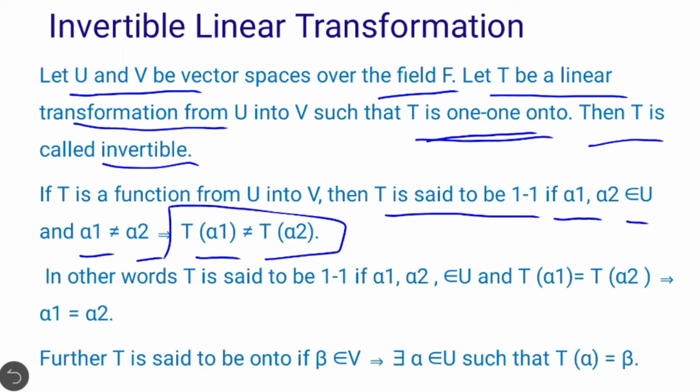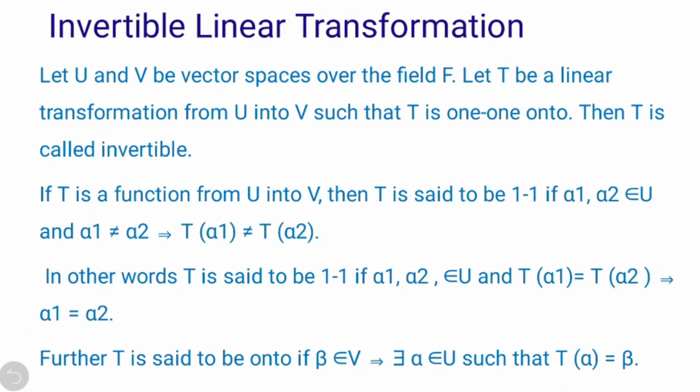Equivalently, if alpha 1 and alpha 2 belong to U and T alpha 1 equals T alpha 2, this implies that alpha 1 equals alpha 2.